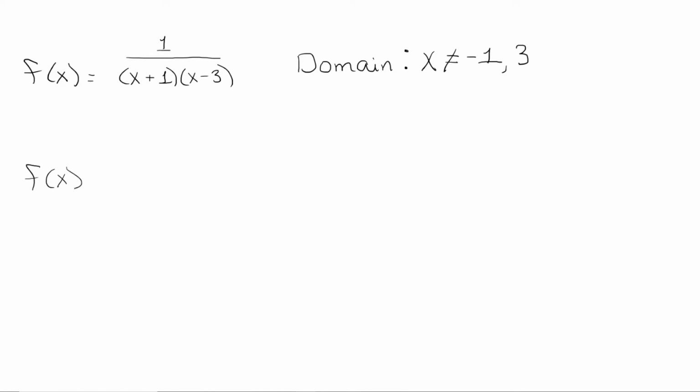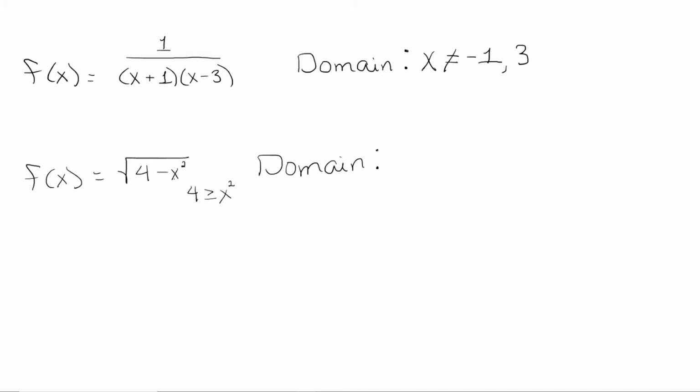Next, let's look at something like f of x equal to the square root of 4 minus x squared. In this case, since we have a square root, we might think about how we cannot make a square root negative. What is underneath a square root must be positive. So we need 4 minus x squared to always be a positive or 0 number. For this to stay greater than or equal to 0, I essentially need 4 to be greater than or equal to x squared.